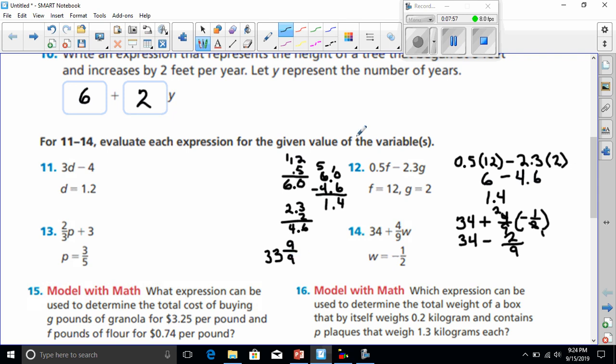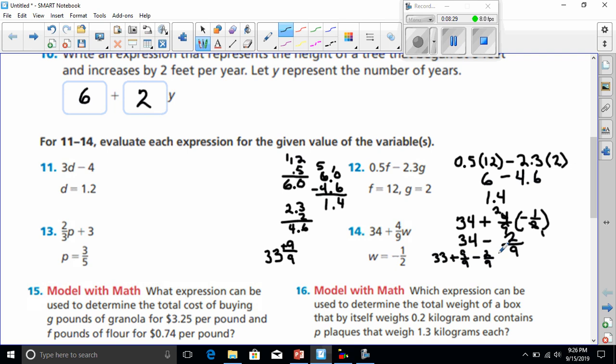Let me examine this closely. If we rewrote this, it would be 33 and 9 over 9, minus 2 over 9.